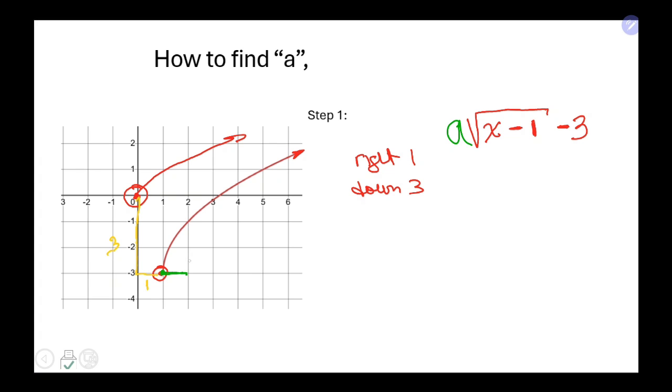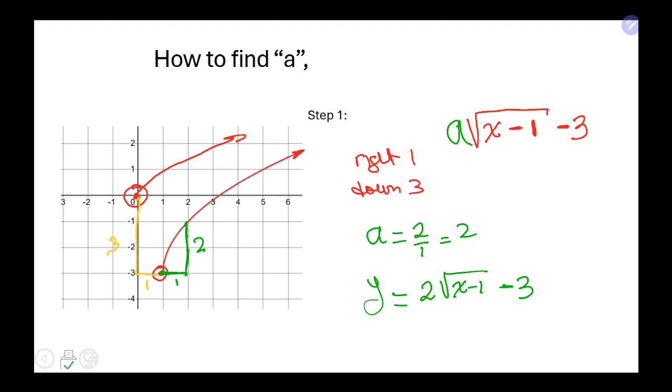Go 1 unit to the right, then I go 1 and 2 units, 2 over 1. So this number is going to be 2 over 1. 2 is a vertical stretch. So the equation will be y equals 2 times the square root of (x minus 1), minus 3.